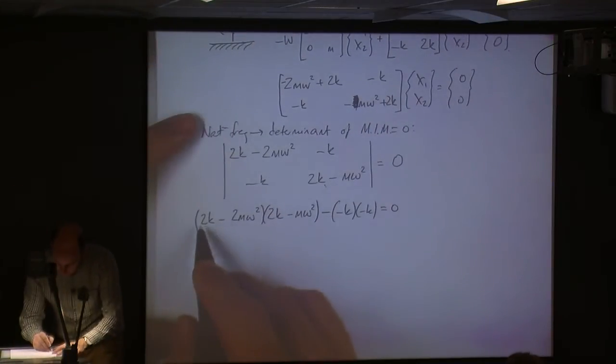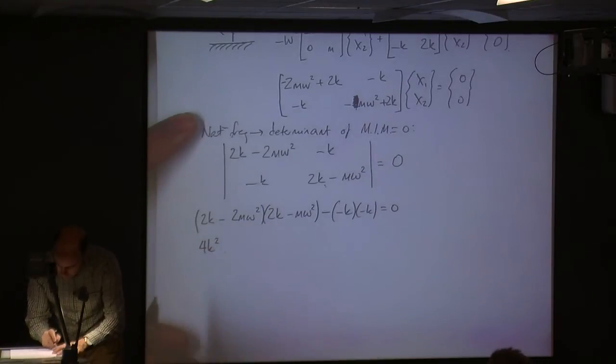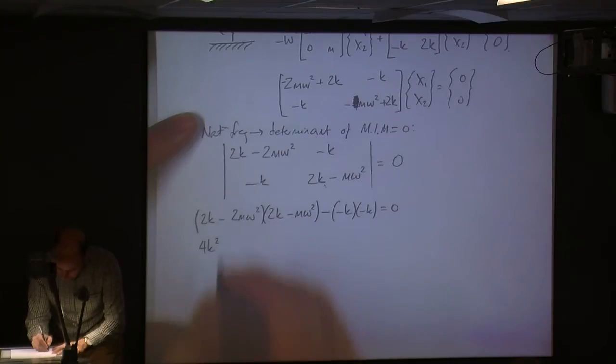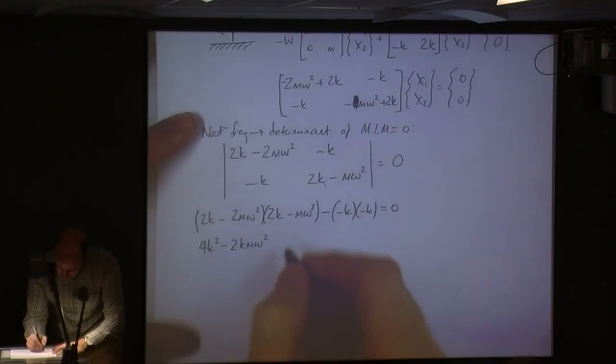So here we've got 2k times by 2k, so that's 4k squared. Here we've got 2k times by minus m omega squared, so that's minus 2k m omega squared. Then we've got minus 2m omega squared times by 2k, so that's minus 4k m omega squared.